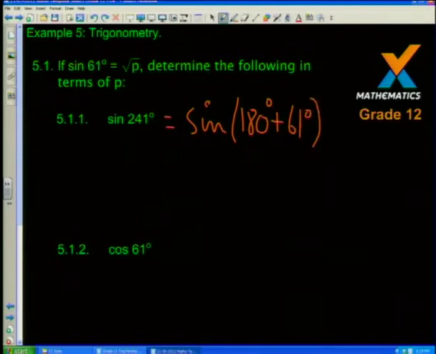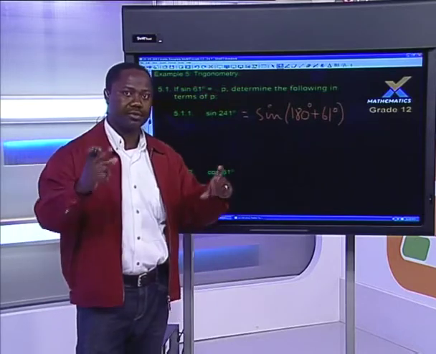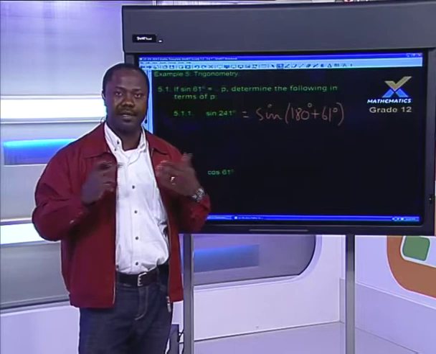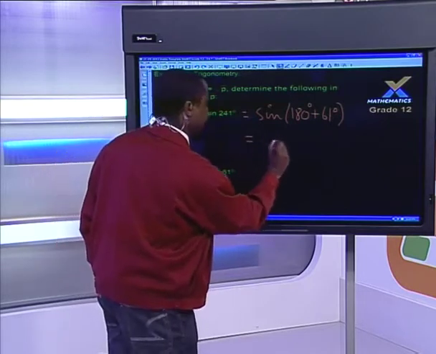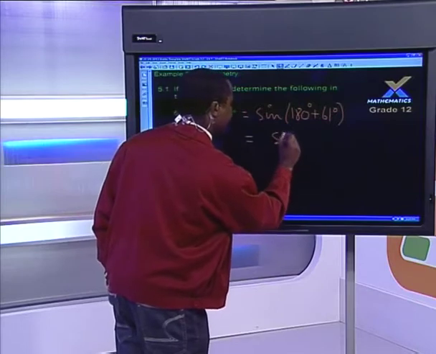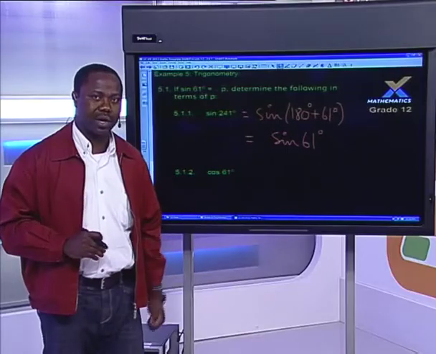The intention is to reduce all these non-acute angles into acute angles. In this case, we are intending to write sine of 61, but the question we ask ourselves is, what is the sign of this ratio in this quadrant? In which quadrant are we? We're in the third quadrant.